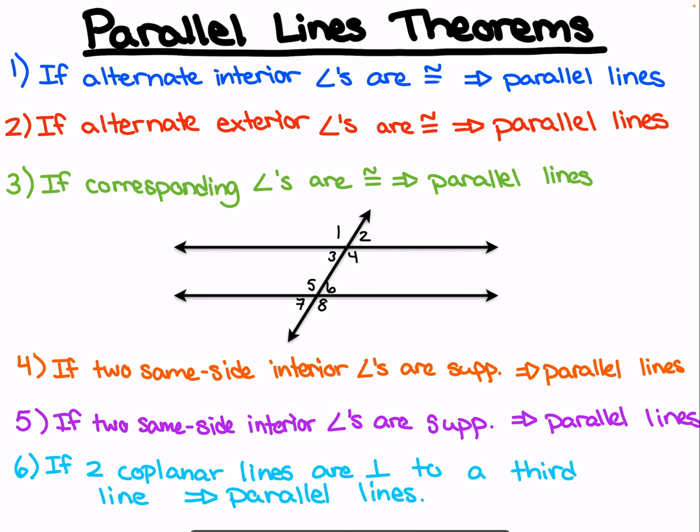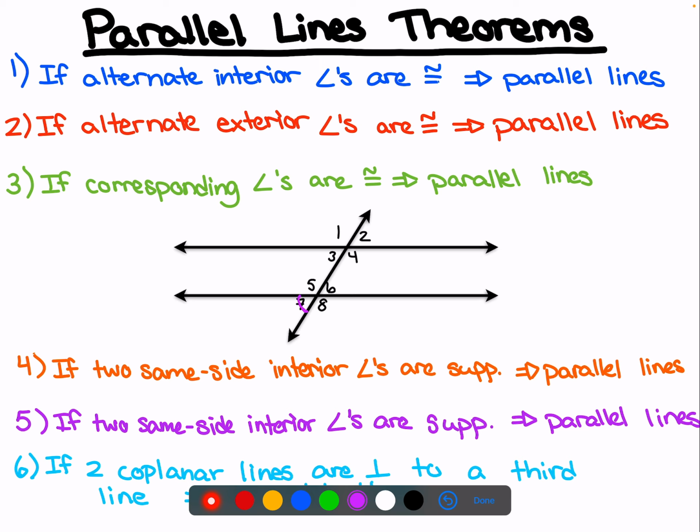Similarly, if I have this purple angle here, angle 7, and let's also use angle 1. And let's say that these two angles are supplementary. I say angle 1 plus angle 7 equals 180 degrees. Well, looking at these, angle 7 and angle 1 are same side exterior angles, and same side exterior angles are supplementary.